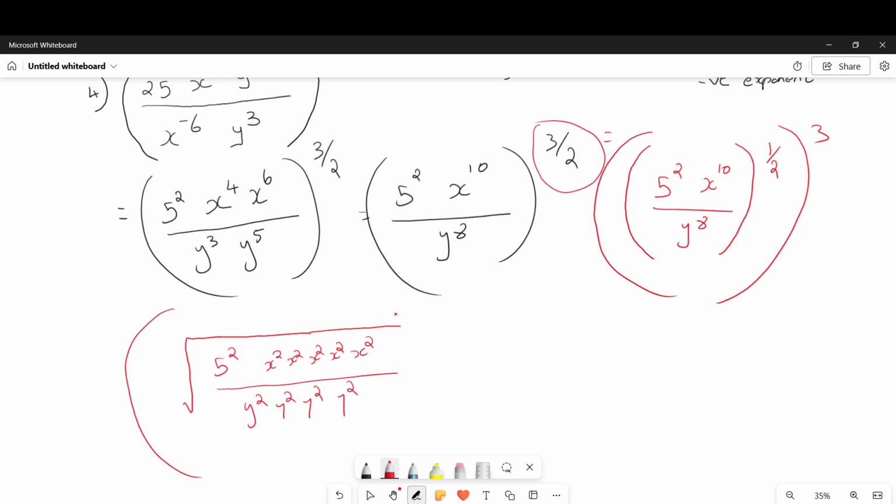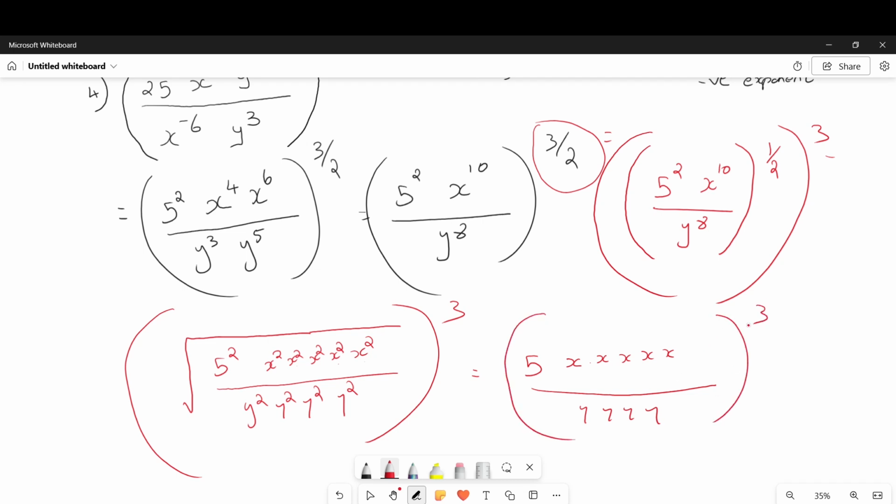Make sure you don't forget there's a cube here. This is the main thing everybody will forget. So when we take the square root of this one, we can put 5, then x. How many x are we going to pull out? 1, 2, 3, 4, 5, so x to the 5. Then on the denominator side, y to the 4, all to the power of 3.